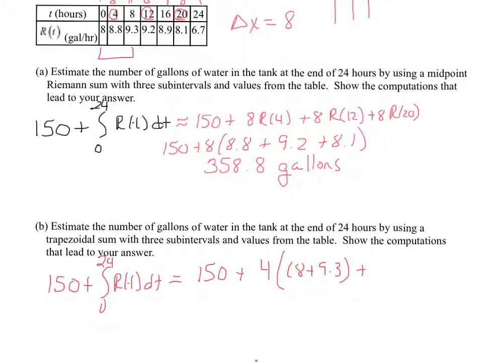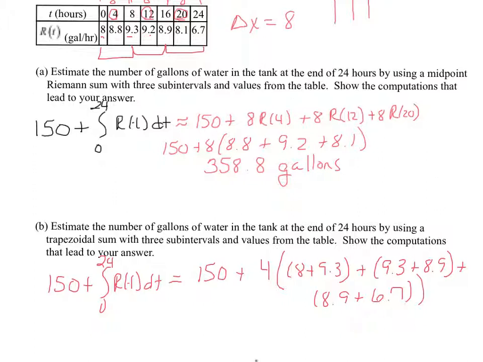Plus 9.3, plus 8.9. Where's the 4 on the outside coming from? Okay, each subinterval is 8, but it's half of that. Plus 8.9 plus 6.7. So here we take this and this and this and, wait a minute, not that one.